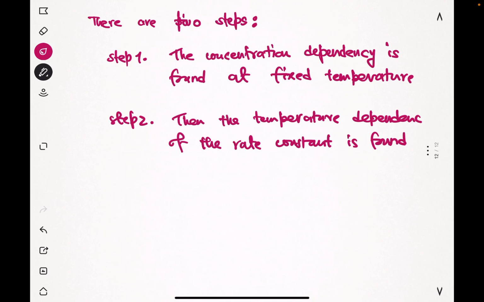Now, these are the steps, but first we'll be looking into the concentration dependency. Since there are experiments involved in the process, the first question that probably comes to our mind is what type of equipment do we need?